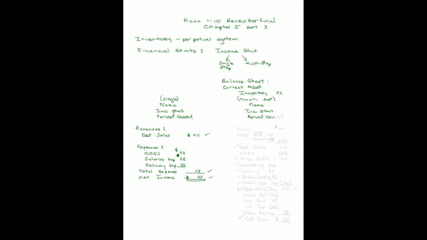Let me put this on hold and drop a multi-step income statement for you. We list sales, show sales returns and allowances and discounts, and subtract them from that number, and show net sales. So the first difference is the amount of detail you're given for sales. You still get to net sales, but you see everything along the way.